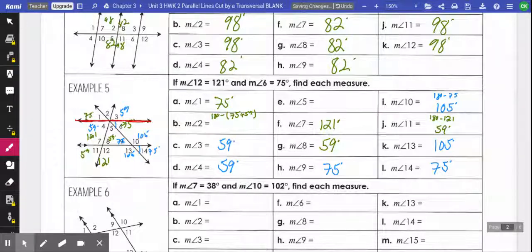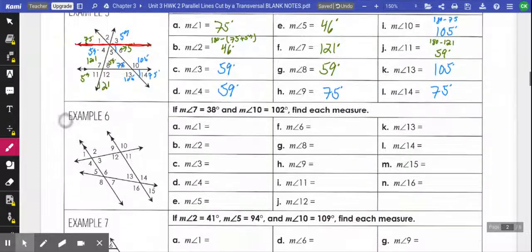So in my calculator, I would do that. And I would get angle 2 is 46 degrees, which means angle 5 is vertical to it, so that's also 46 degrees. Once you start finding a couple of the angles, it does like a domino effect. You get the other angles too.